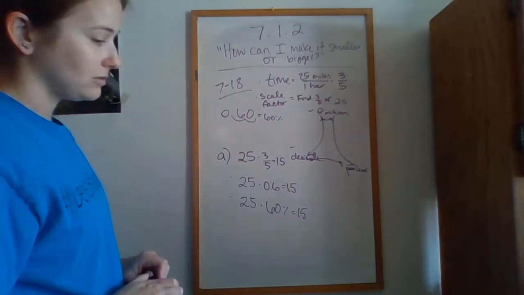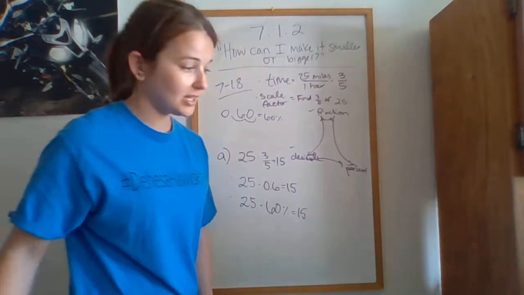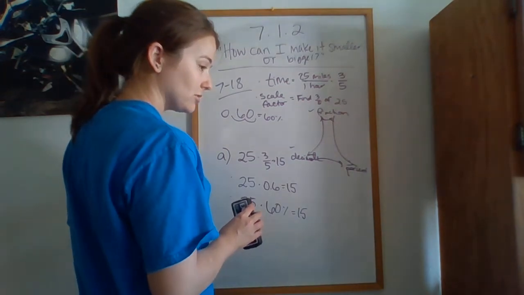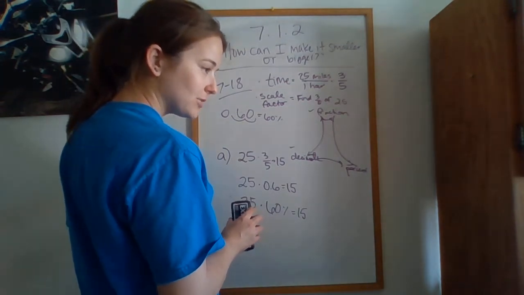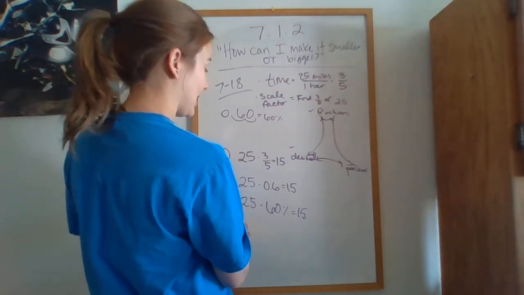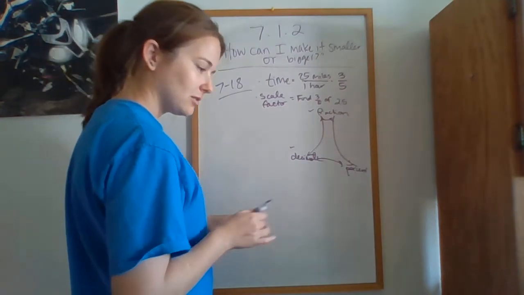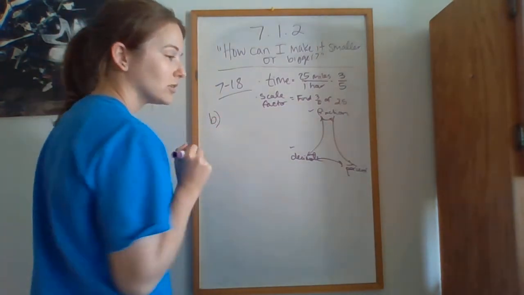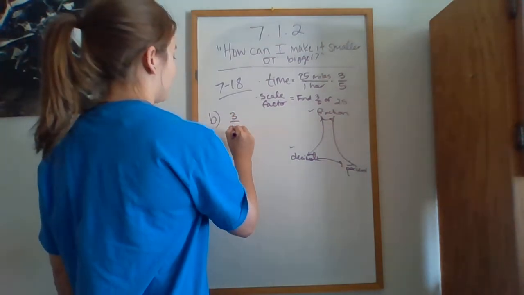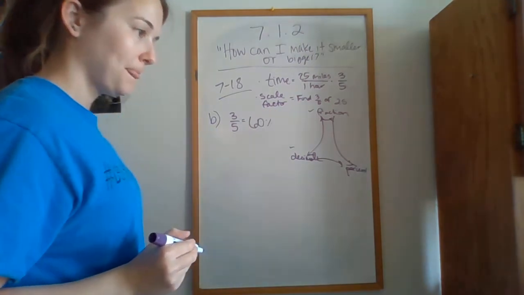Okay, looks good. So we know that 3/5 is 60%. So that was A. B says, if you did not already find it, what percent would be equivalent to 3/5? And we just found out that 60% is equal to 3/5.